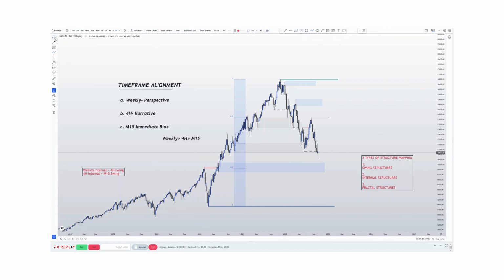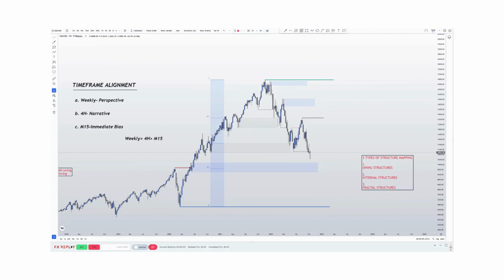The H4, the weekly: we have the week swing, the swing structures of the week from here and here, week swing and then the protected. The H4 or the internal of the weekly usually forms the H4 swing structures.